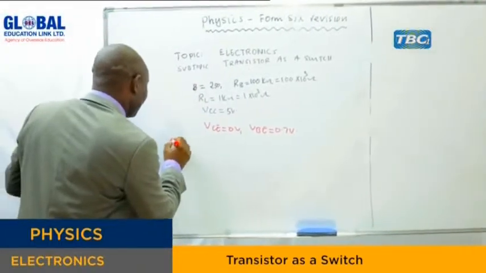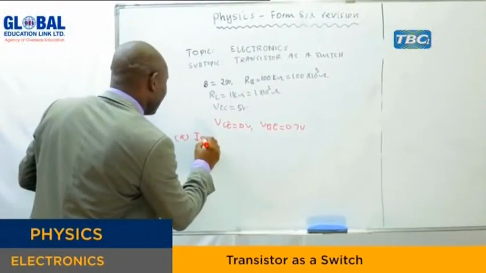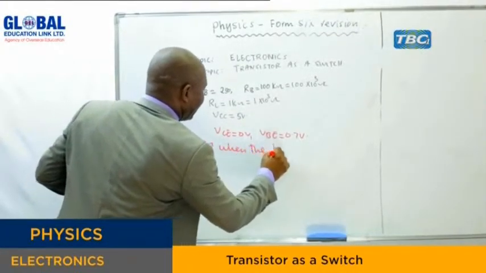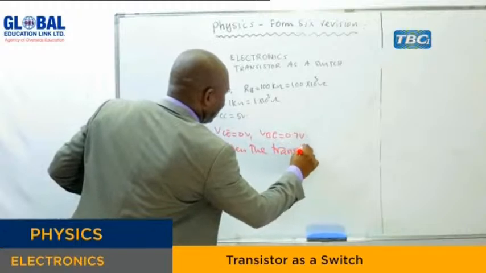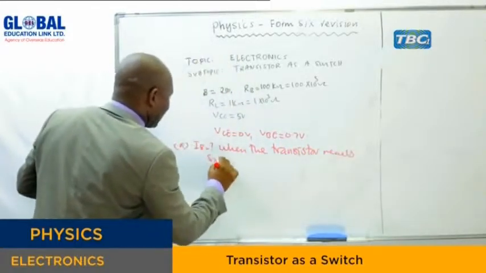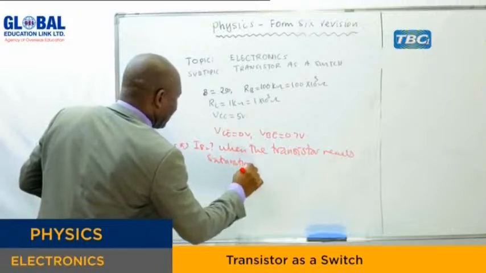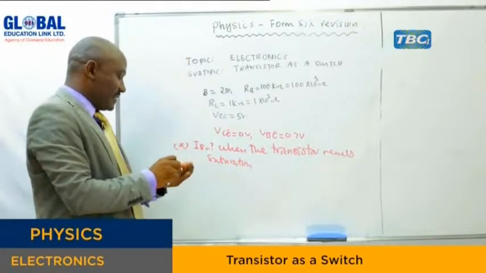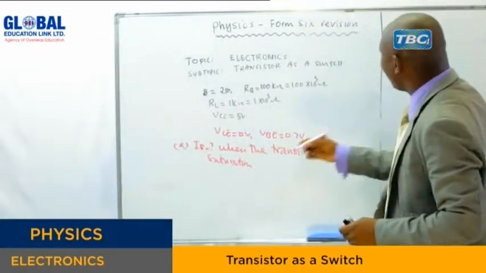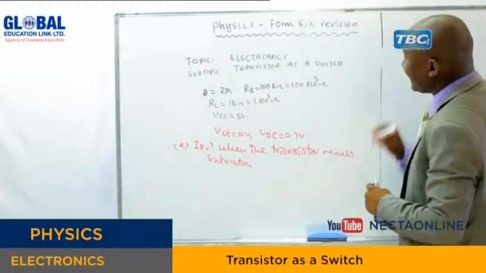Part A: find the base current when the transistor reaches saturation. We are told to find the minimum base current. How do we find that? We know when the transistor is saturated, the first thing to find is the collector current.